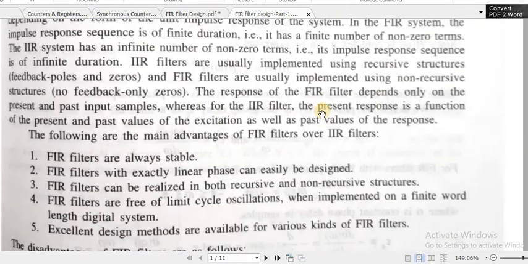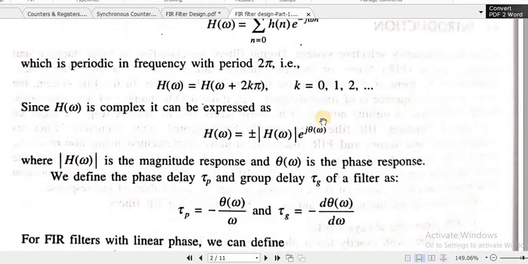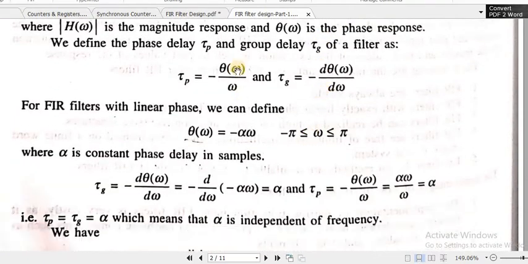Now this is the condition of the linear phase: θ(ω) is equal to minus αω.